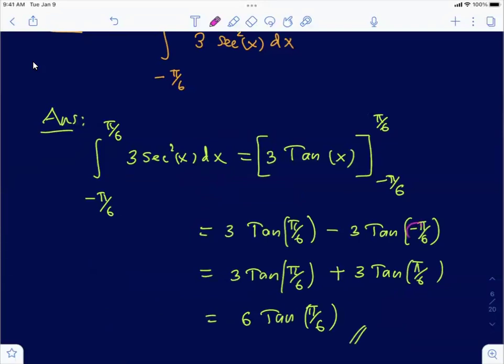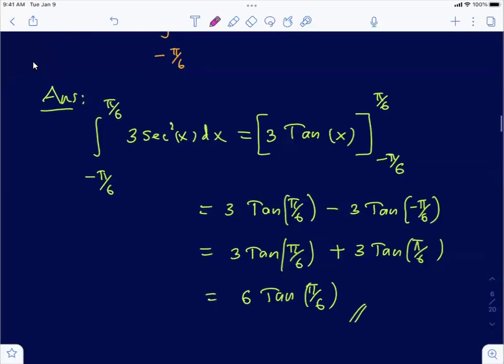In other words, when you have a negative sign, you can bring it out, or simply you can check that on the unit circle to get the value. But in this case, I use the trigonometric properties to move this negative sign out of tangent to make it plus here. And then 6 tangent pi over 6. That's our answer. However, you can simplify this if you recall the value of tangent pi over 6.